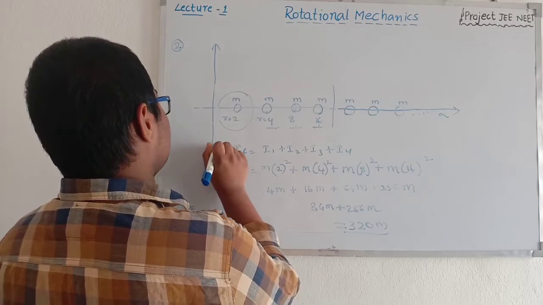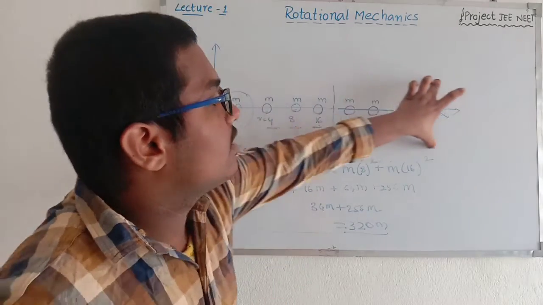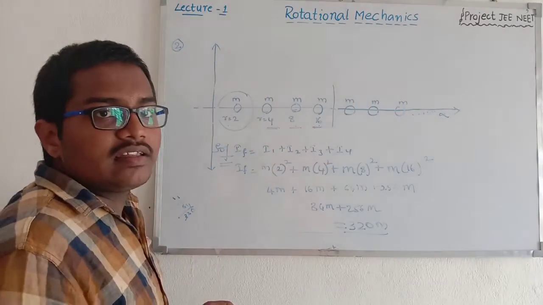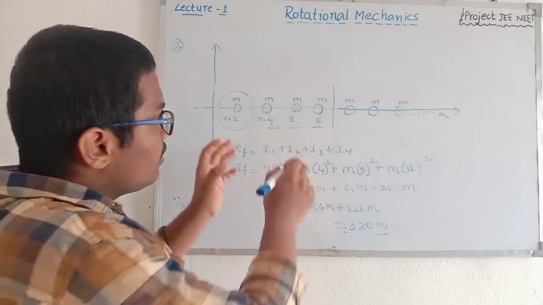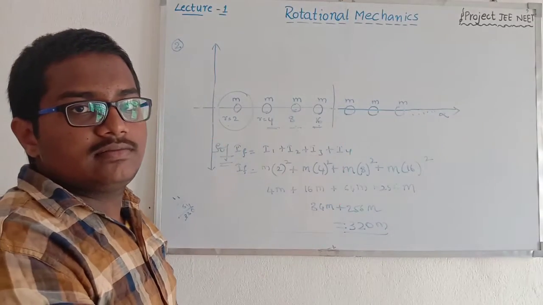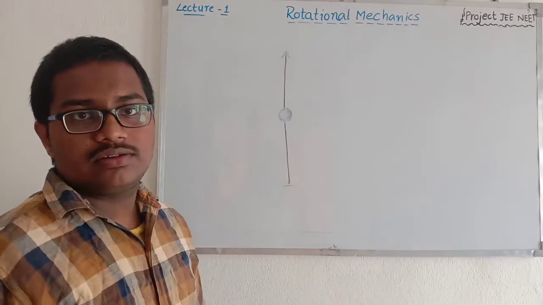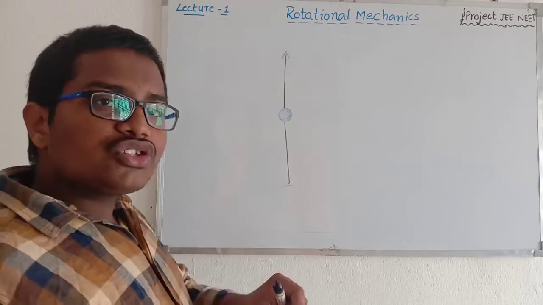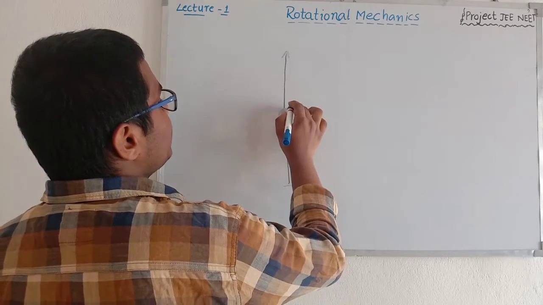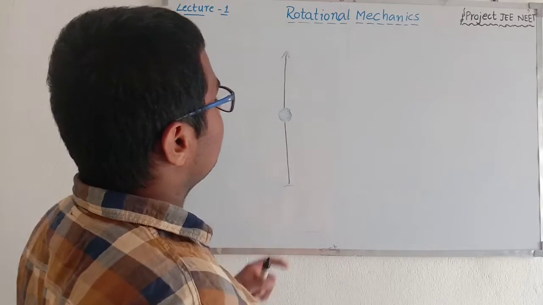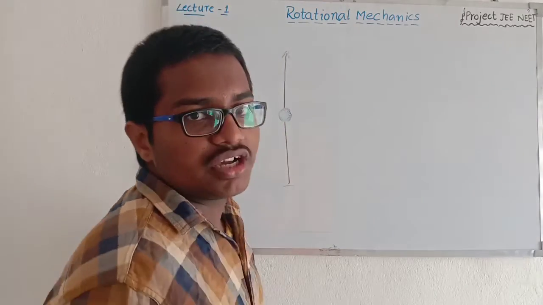I discussed the basic concept as a statement in the previous case, and this case continues as the example included in that case. So let's go to another type of question, which is the most basic, easiest question here. A particle is situated at the center of the axis of rotation. Then calculate the moment of inertia.